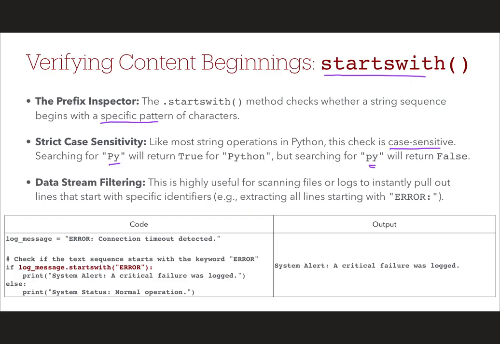This is very useful for scanning files, or especially the messages from the Python interpreter, to instantly pull out lines that start with some error message. If you have a very long program, then your Python interpreter will give you a long output.